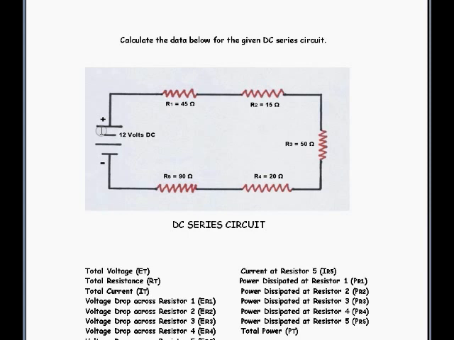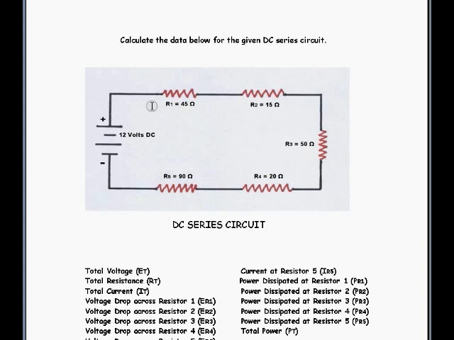So the rules for series electrical circuits are that the current, or the amperes, throughout the circuit will remain constant when applied to a circuit with a voltage drop using resistors.